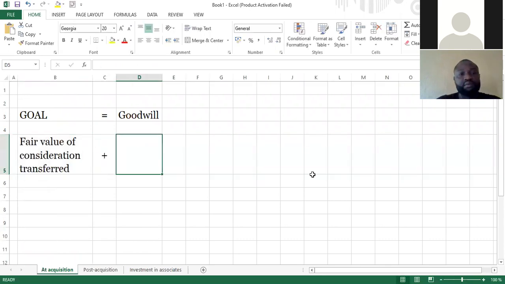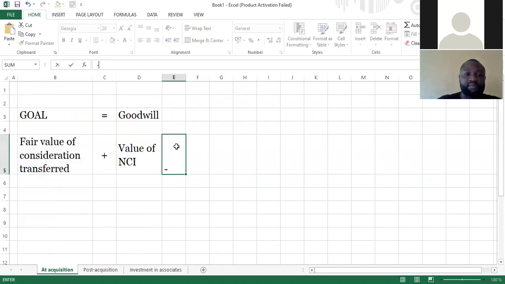Plus value of NCI, minus fair value of subsidiary's net assets at acquisition.